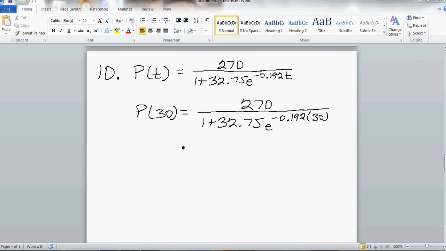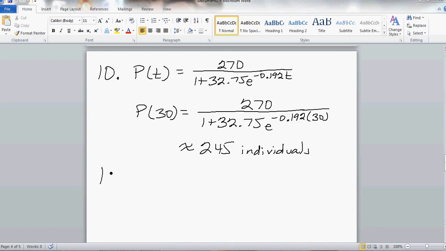And so this will become approximately 245. 245 what? Species or individuals, I'm not sure exactly how to label this, but realize that the absolute most we could have is 270. So with 245, we're getting up there to about the maximum.